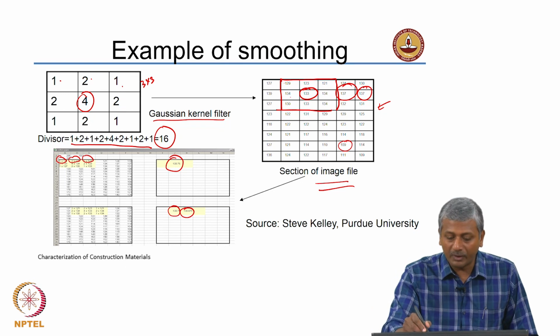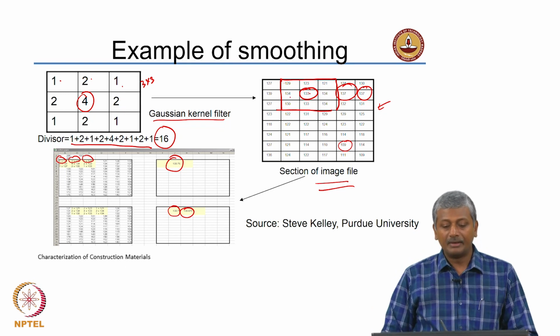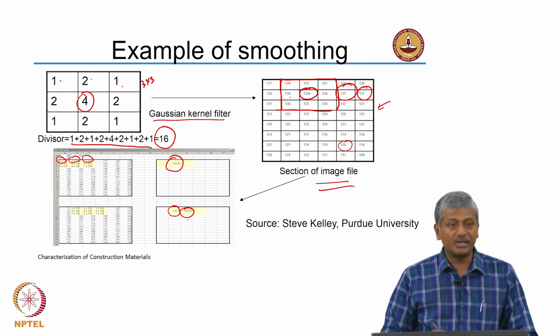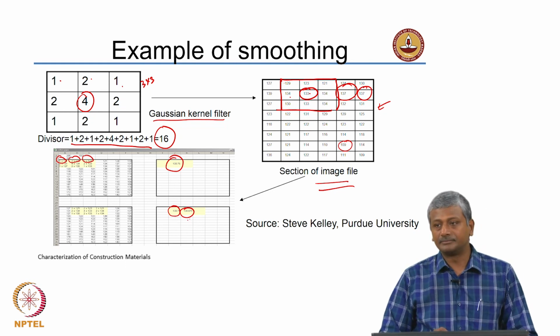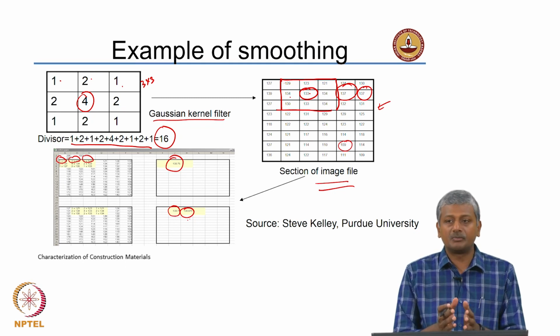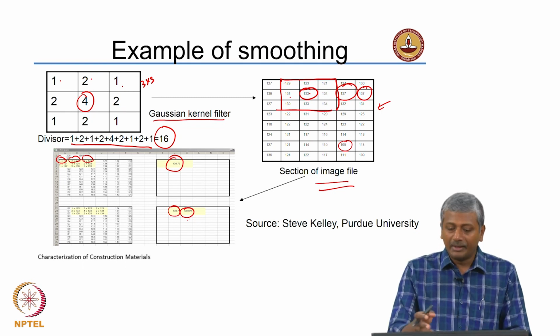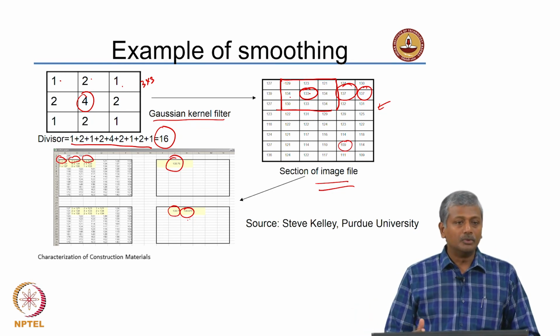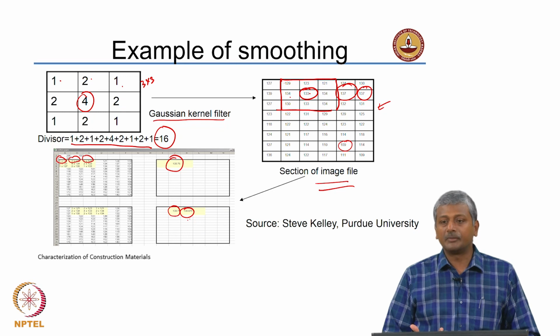Earlier the values were 134 and 133, which were separated by one gray level, but here the separation is only 0.125. So, you have reduced the extent of gray level separation between adjacent pixels, and like this you will be applying it over the entire image to produce a smoothened image.